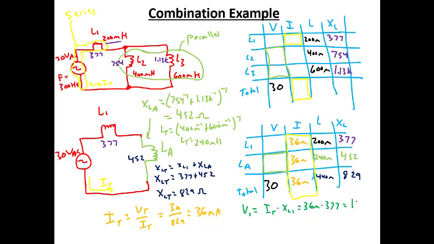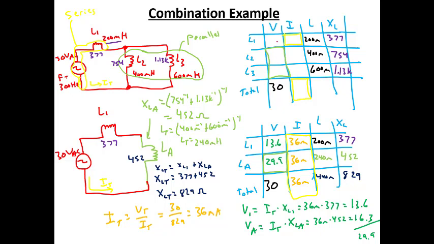And for that one, I get 13.6. So I have 13.6 here. For VA, that's I total times X sub LA, which is 36 milli times 452. And that equals 16.3. Now if I add these up, I get, looks like 29.9, which is pretty close to 30, so I think I'm on the right track.